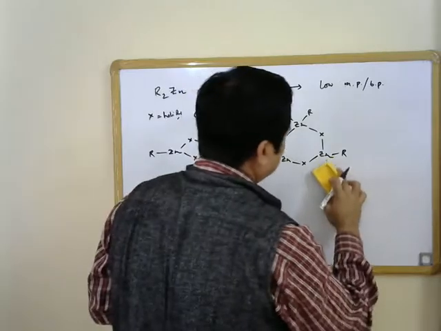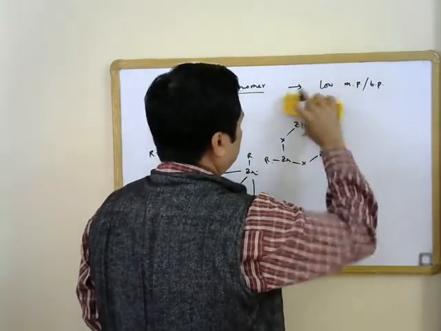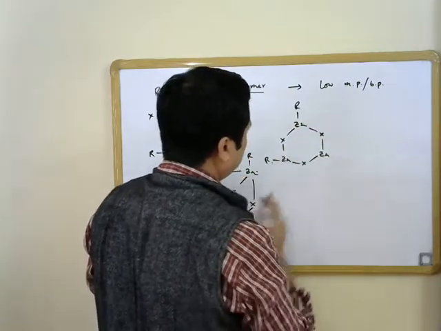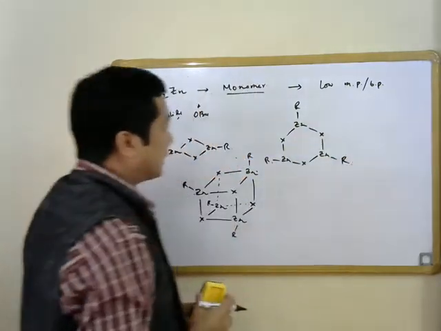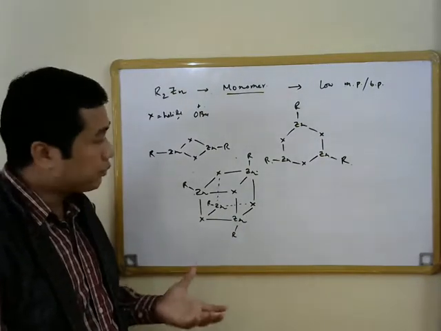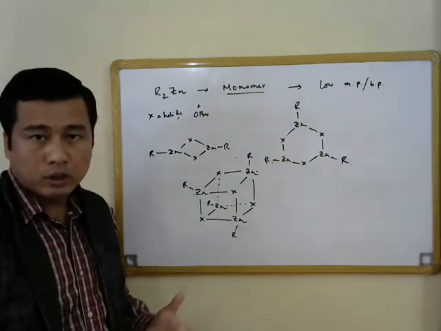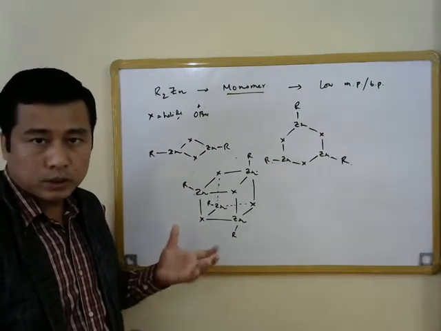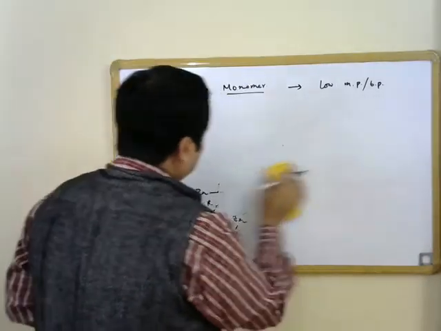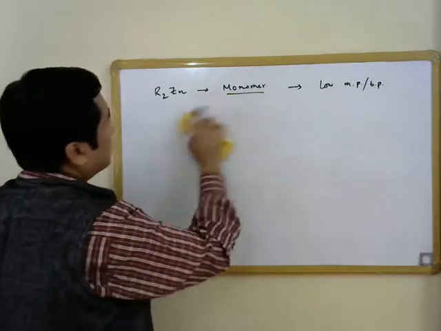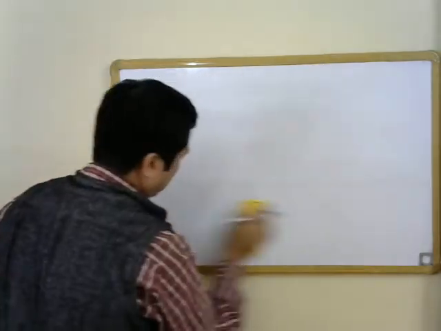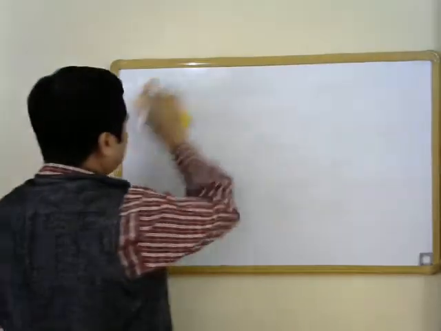So for these as well, we'll have only one of these organo groups attached to the zinc center, and these sort of aggregated moieties are formed when the right kind of sigma donor ligands are attached to the organozinc compounds, that is halides or alkoxides.